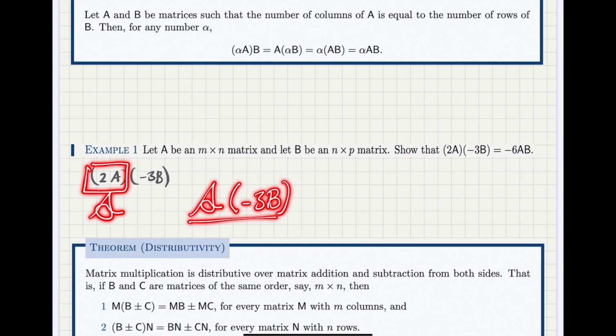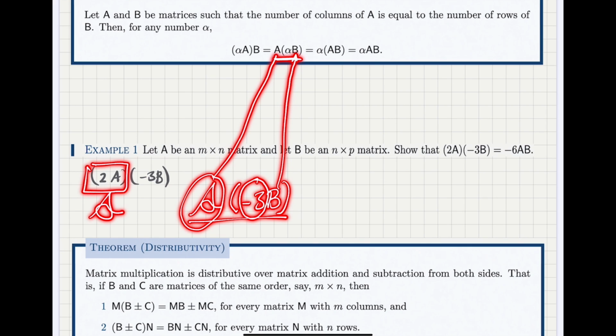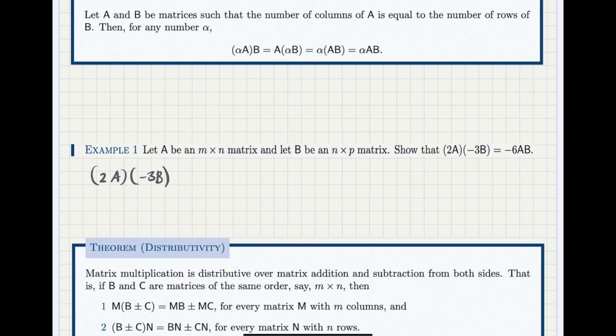Now look here: alpha is this minus 3, B is the same B, and this 2A is playing the role of that A. So according to this formula, I can move this alpha and put it next to my matrix A. I will take this minus 3 and put it here. Let us see what happens. This becomes equal to, there is a B left alone, and then I take minus 3 and put it next to 2A, and then I have to close this.